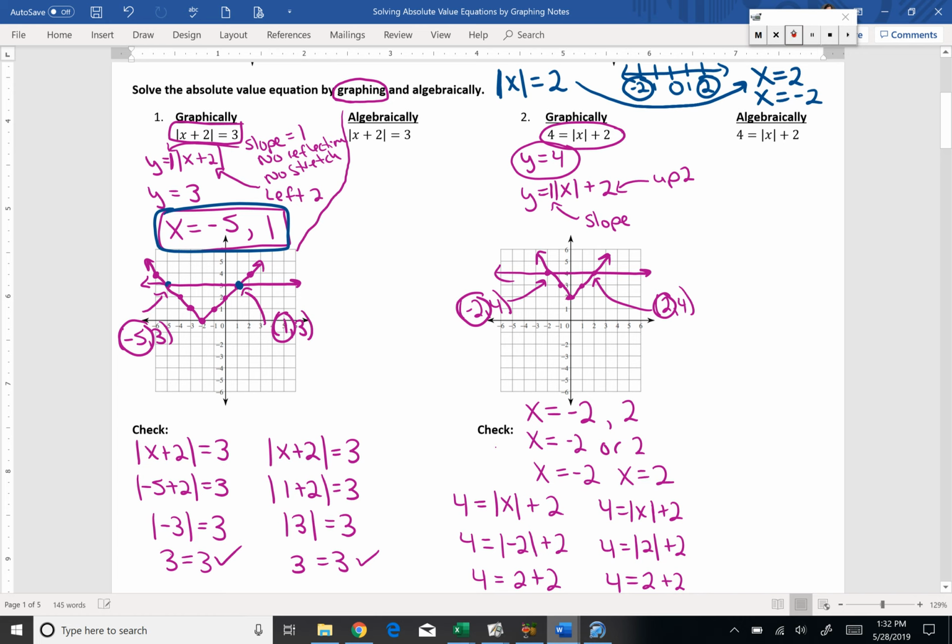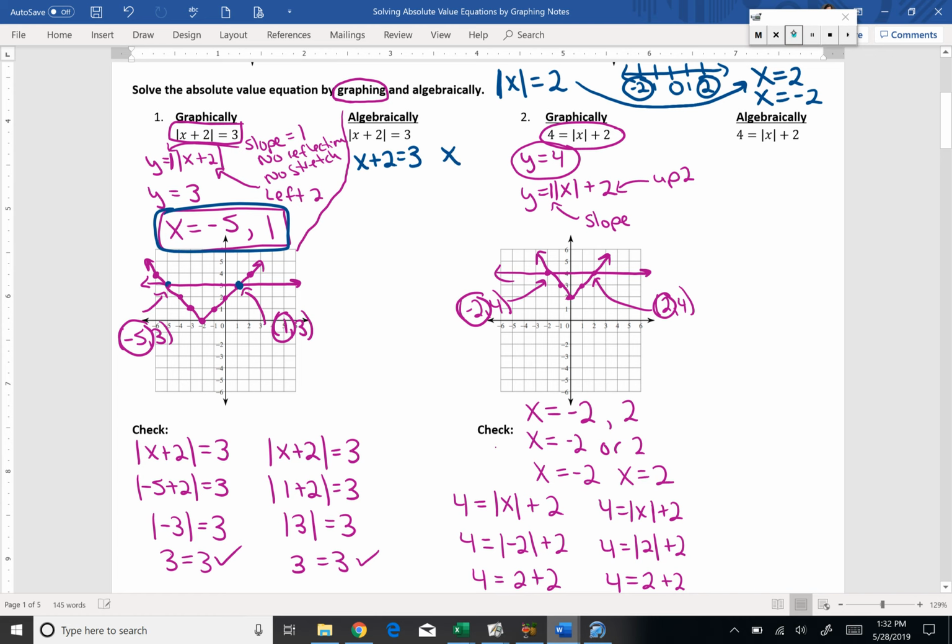So let's take a little look at number 1. I have the absolute value, but in this case I have an x plus 2, so it's a little more than just an x. But I have an absolute value equal to 3. So that means this piece inside of there, the absolute value part, could equal positive 3, and we're in good shape because 3 is 3 away from 0.